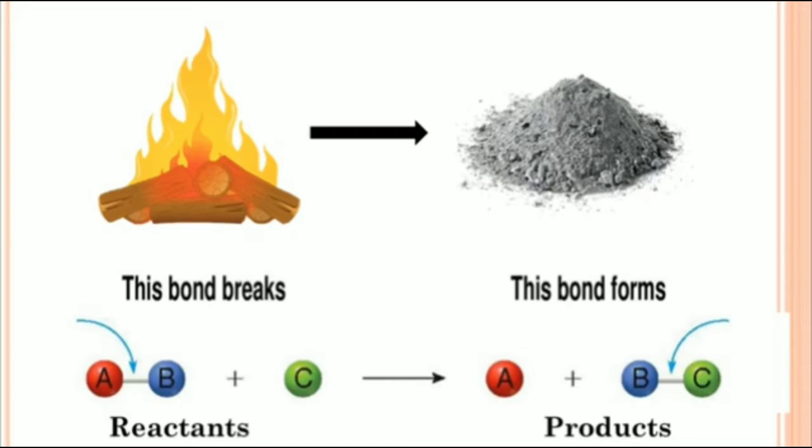This is what happens in a chemical reaction, where in the reactants the atoms or the elements lose their electrons, that is, the bond is breaking, and then they accept those electrons and form a new product. Therefore, this is called a chemical change. Are you getting me, children?